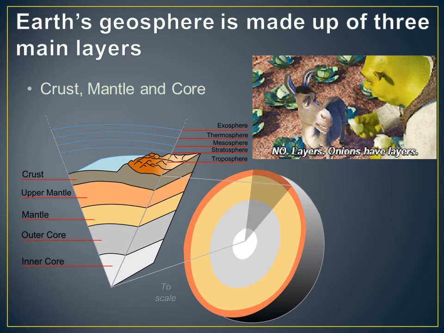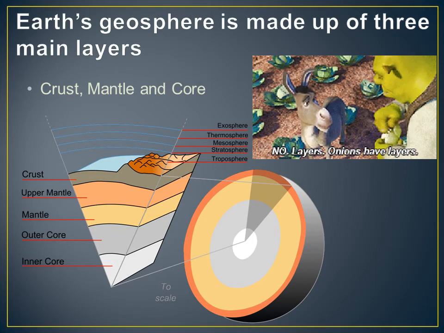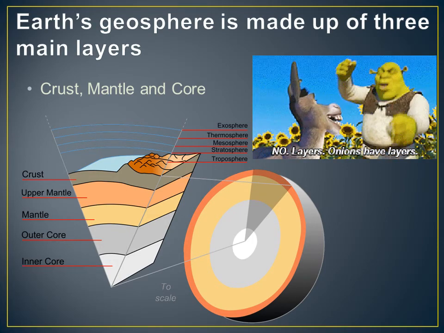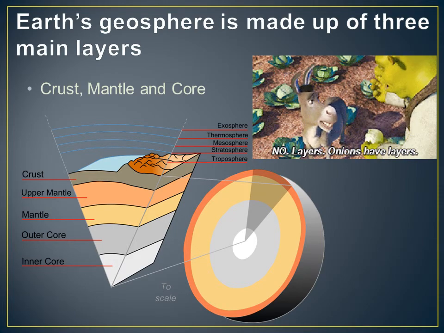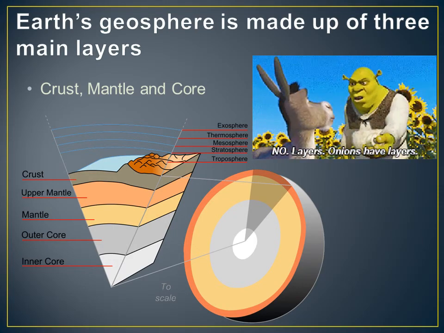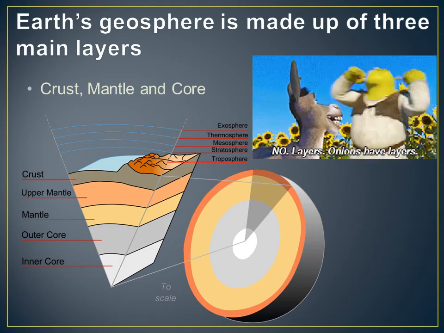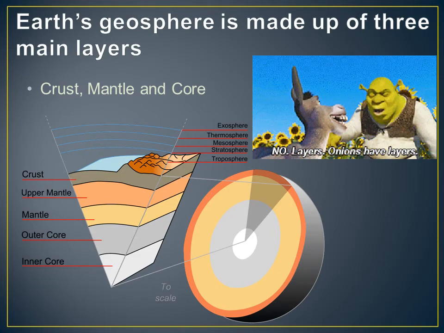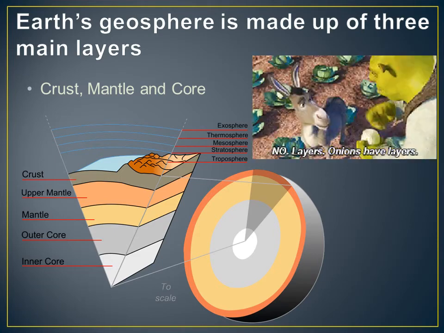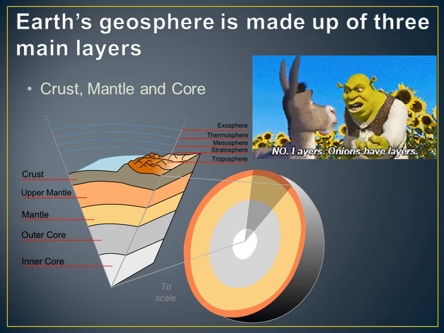So, Earth's geosphere, the land, is made up of three main layers: a crust, mantle, and core. Now, I include this little GIF of Shrek and Donkey from the movie Shrek, because there's that portion in the movie where Shrek says, "Ogres are like onions.